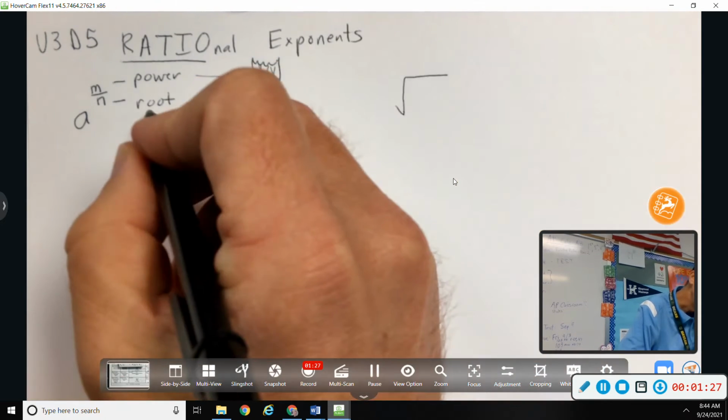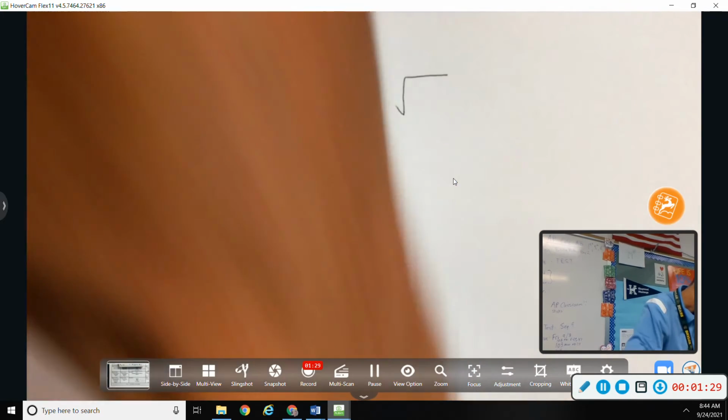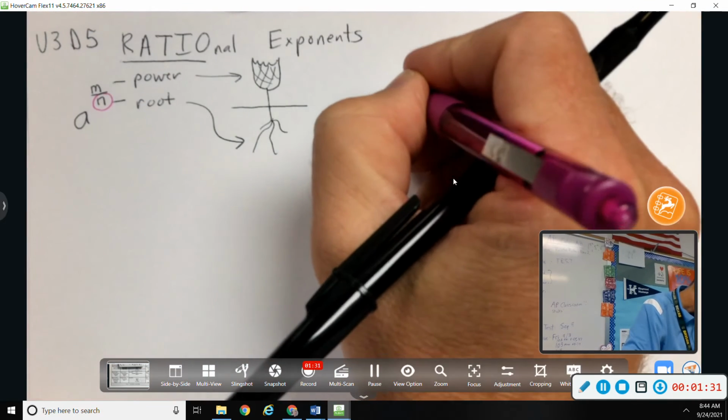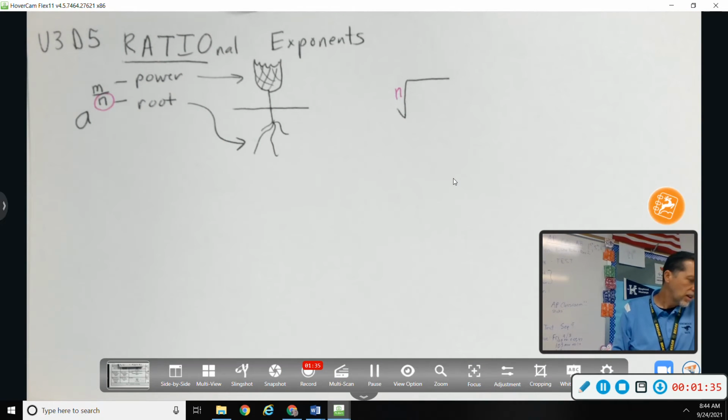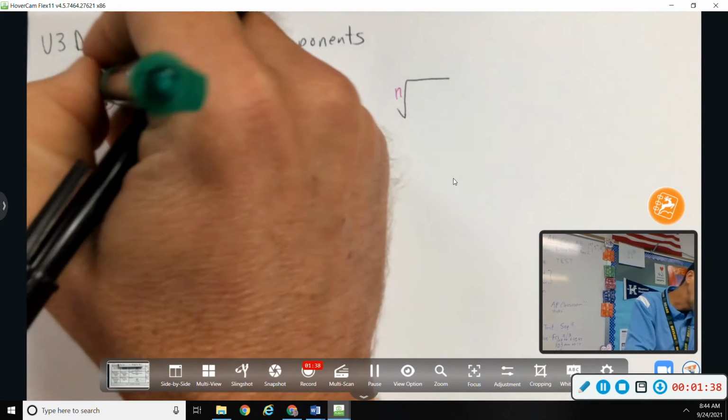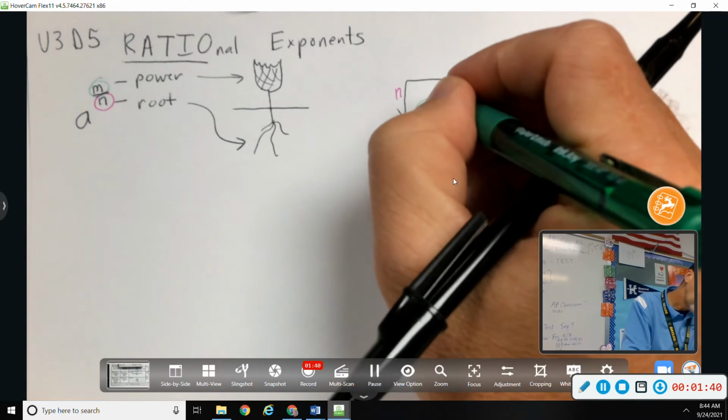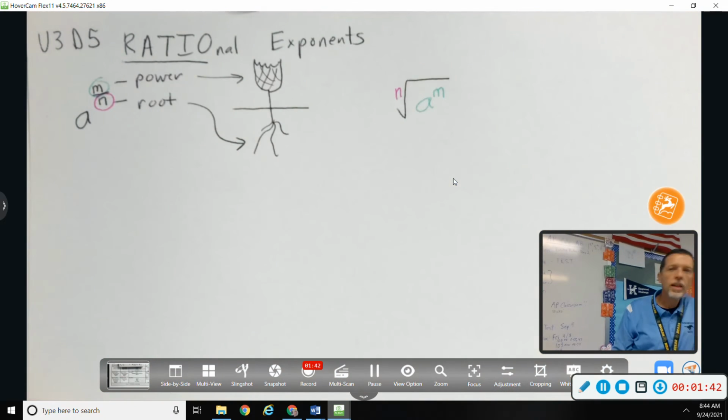So the root is the bottom number, the power is the top number.